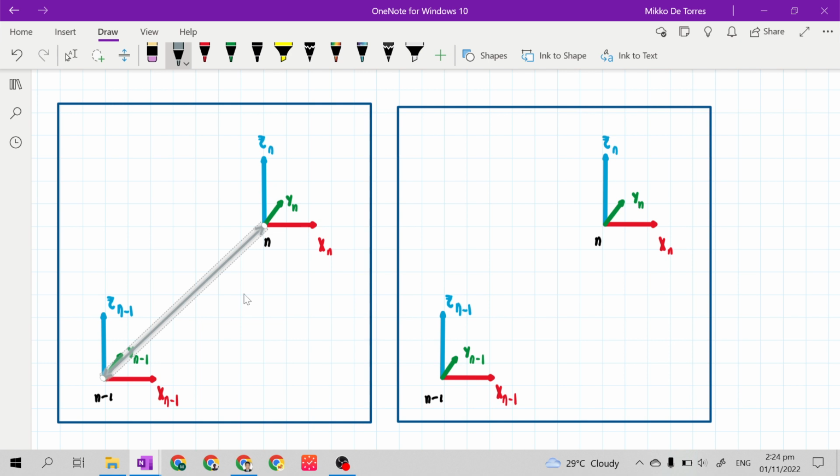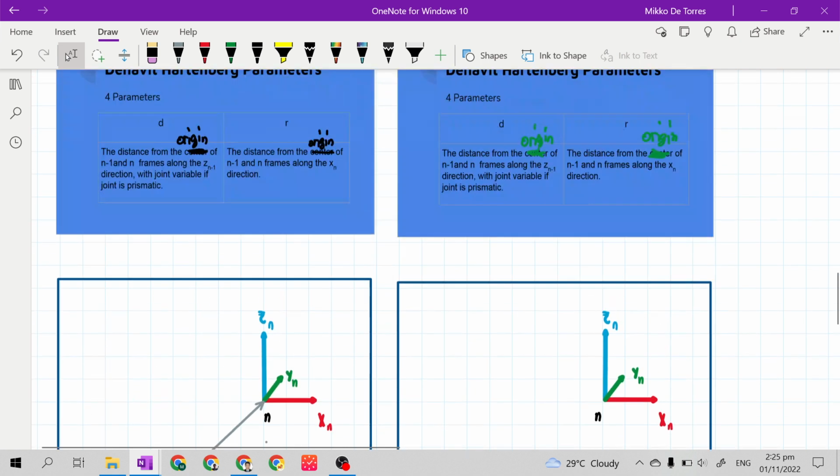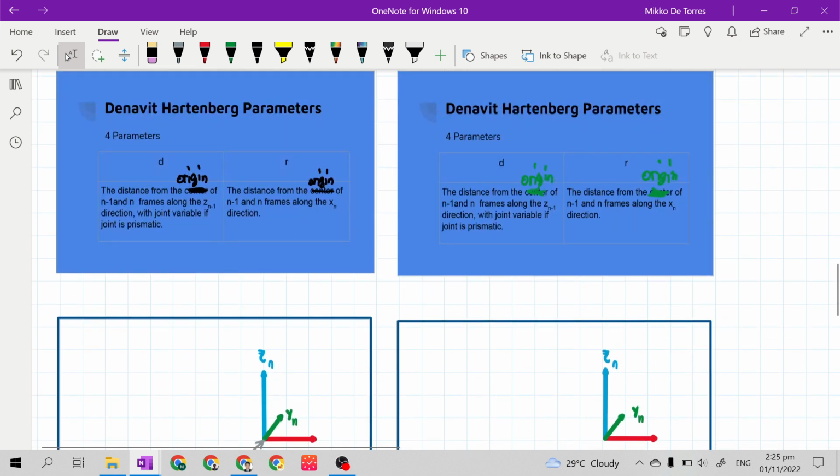So the distance here is not this gray line. This gray line is a hypotenuse, but this is not how we obtain the distance of these two origins. We will obtain the distance using the axis of z sub n minus 1 for getting the d parameter.